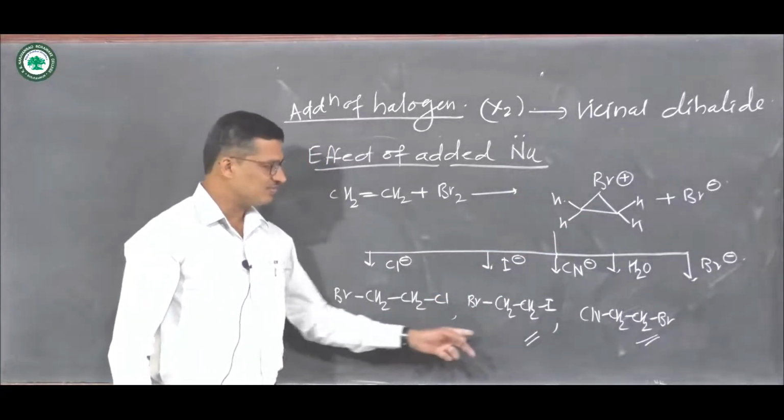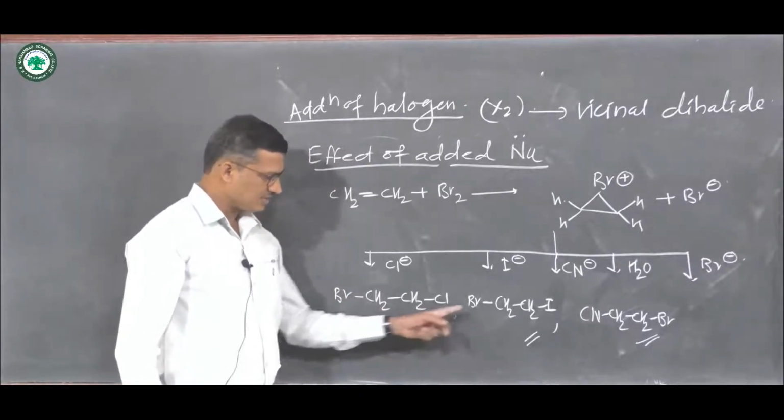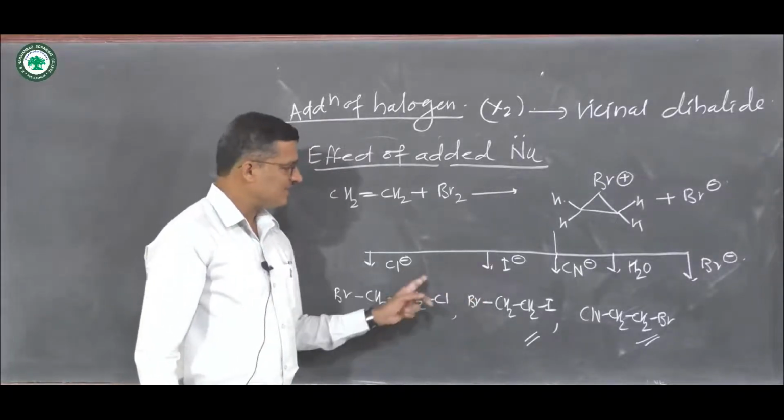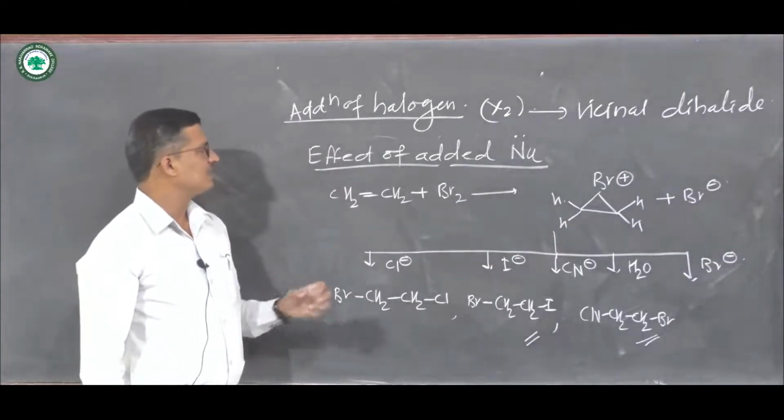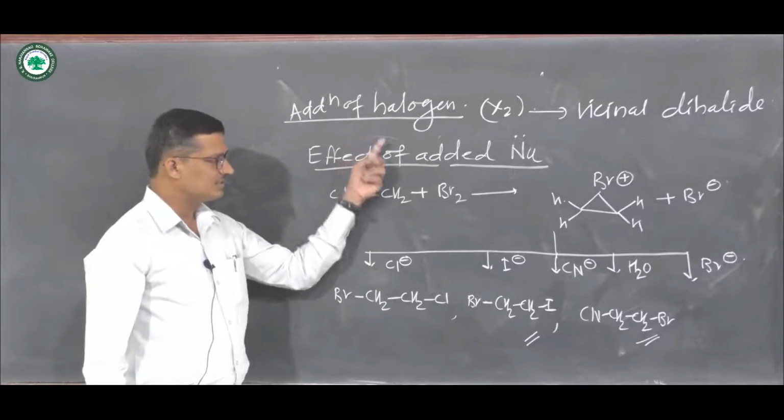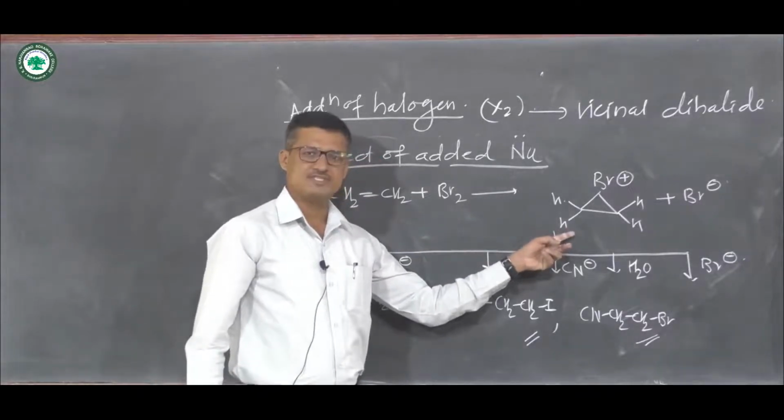What is the meaning of this? When we form this type of product, and the nucleophile attacks on the cyclic bromonium ion, it proves that in the addition of halogen, a cyclic bromonium ion formation takes place.